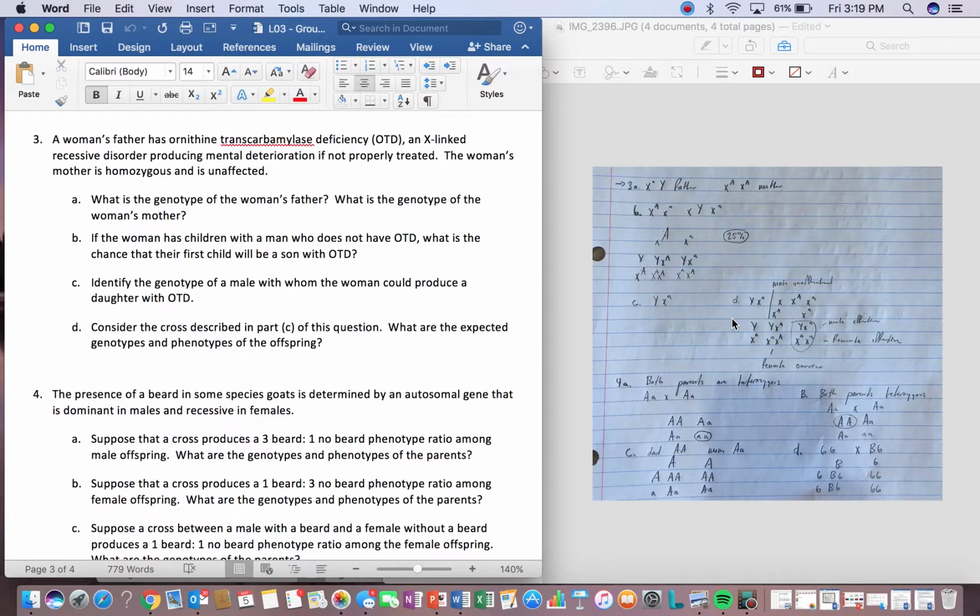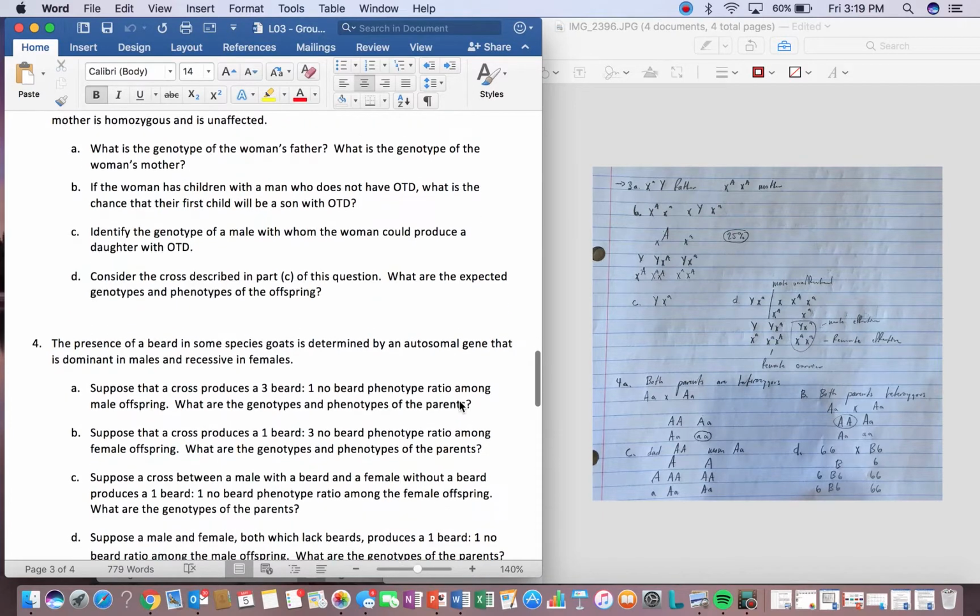Okay, with question number 4, we're asked, the presence of a beard in some species of goats is determined by an autosomal gene that is dominant in males and recessive in females. Part A asks, suppose that a cross produces a 3 beard to 1 no beard phenotype ratio among male offspring.